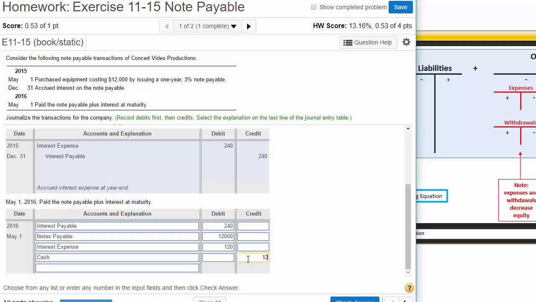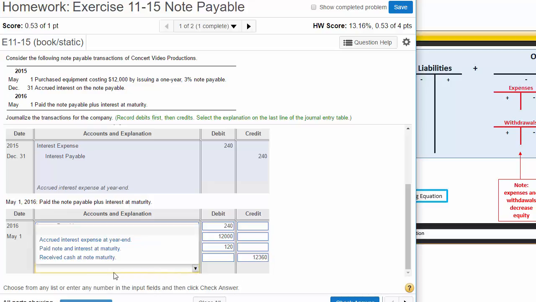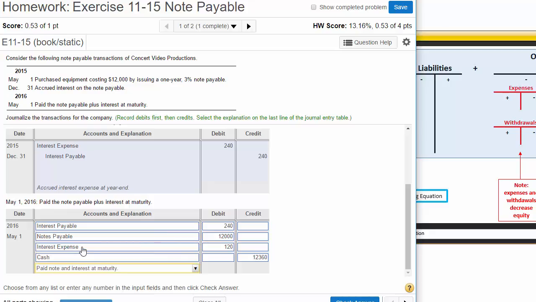And that should be $12,360. You should do this check separate from just adding these up, because you might have made a mistake on these. And now to double check our work, we should add these 3 up to see if they equal 12,360, and they do. Paid note and interest at maturity.